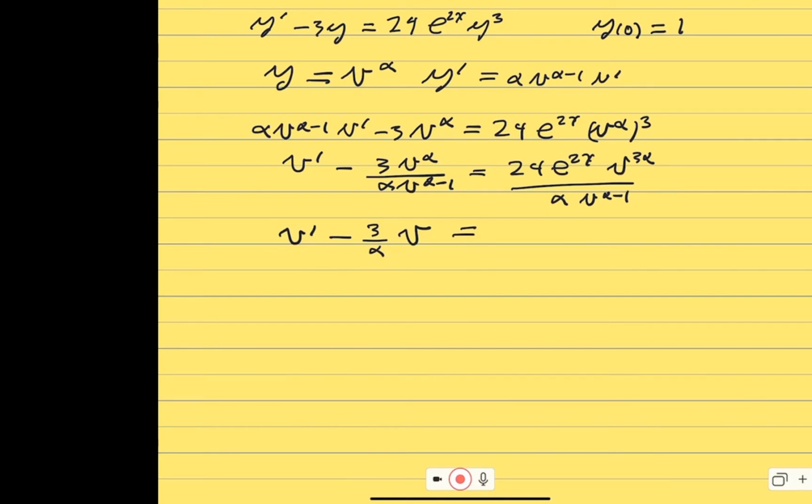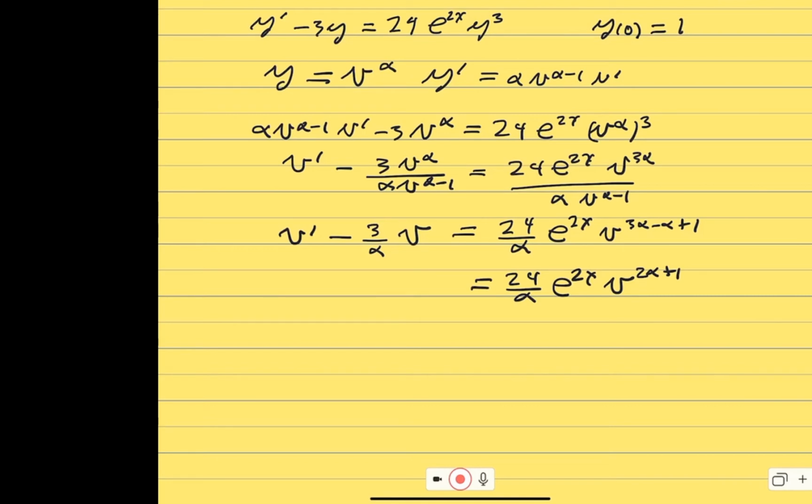Over here I'm going to have, let's see, 24 over alpha e to the 2x, and this is going to be v to the 3 alpha minus alpha plus 1, which is 24 over alpha e to the 2x v to the 2 alpha plus 1.